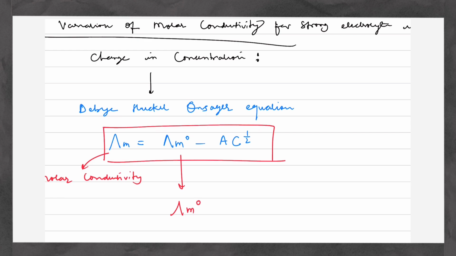This naught represents that this molar conductivity is at a particular condition, and that condition is infinite dilution. So we say del m naught, or sometimes we write it as del m infinity, is molar conductivity at infinite dilution.